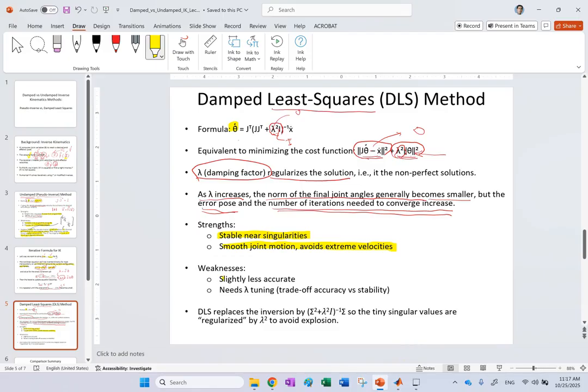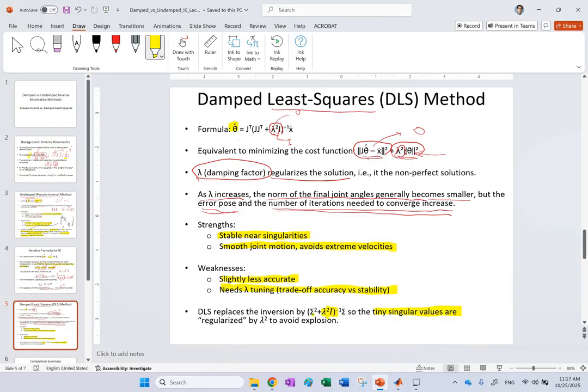The weakness, as I said, is that it is less accurate. The result is not the absolute minimum, and you need to do some tuning for lambda. Mathematically speaking, it replaces the inversion problem, where instead of just the sigma pseudo-inverse, you add this extra component to it, so the eigenvalues of sigma never become zero.